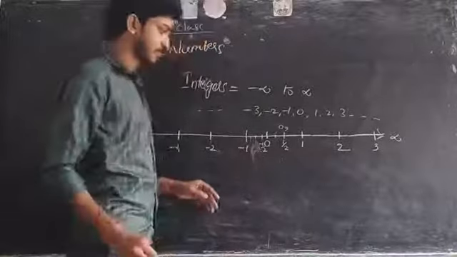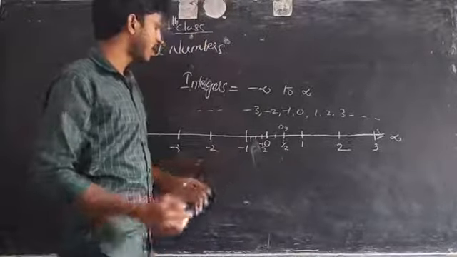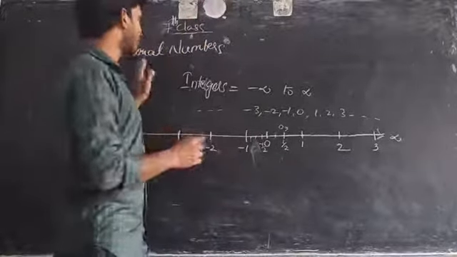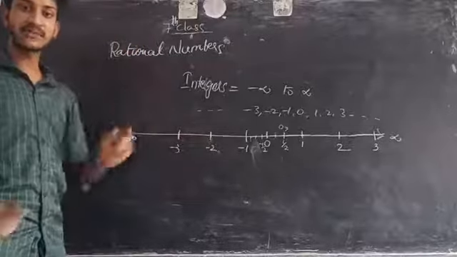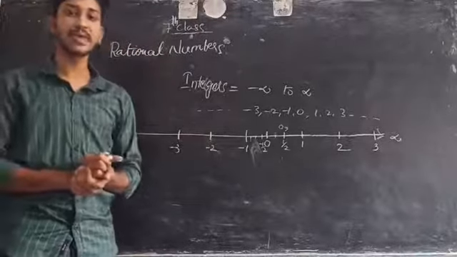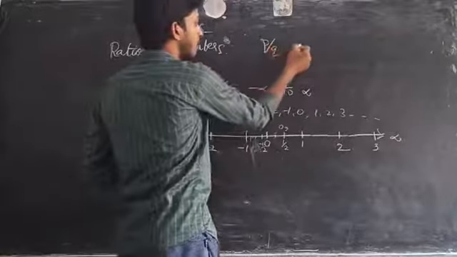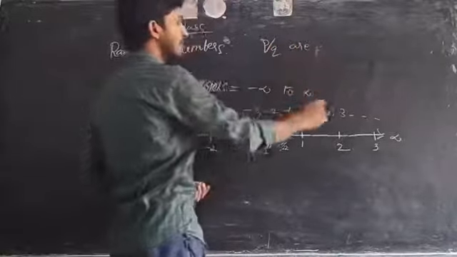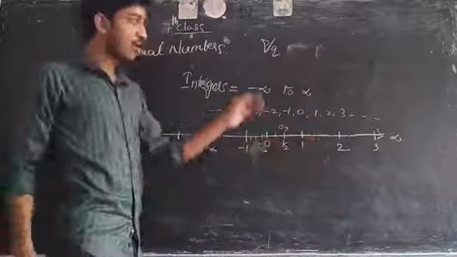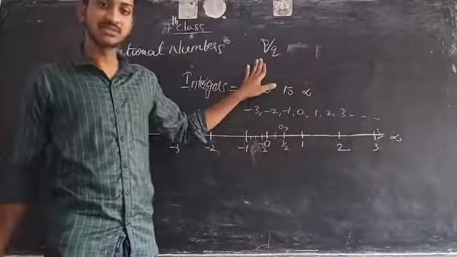Okay, children, and the next thing is rational numbers. What are rational numbers? The numbers which are in the form of p by q are called rational numbers.